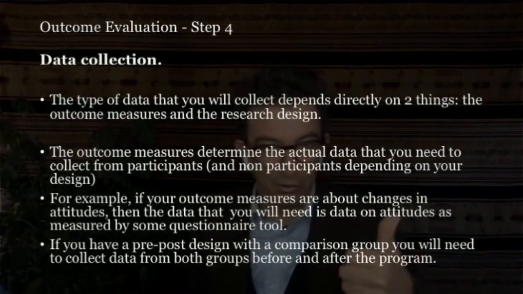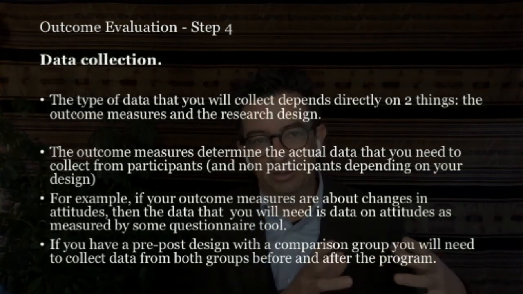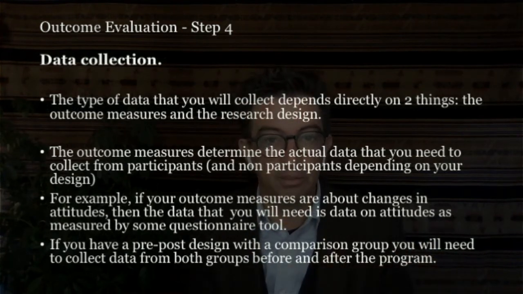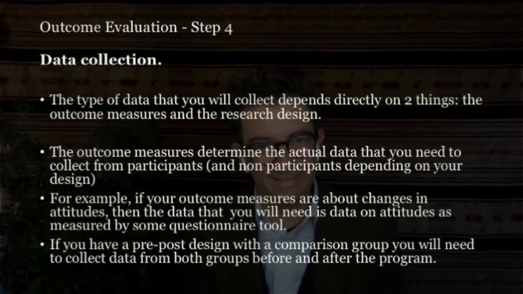Let's say you have agreed on a research design, and even if it's a randomized controlled trial or not, you have agreed on that, that's what's going to happen, and you implement it. So now what you need to do is to collect your data, right? And it depends on what your outcome measure is and what your research design is, right? Your outcome measure is going to determine what you are going to measure from your participants, what data you're going to need.